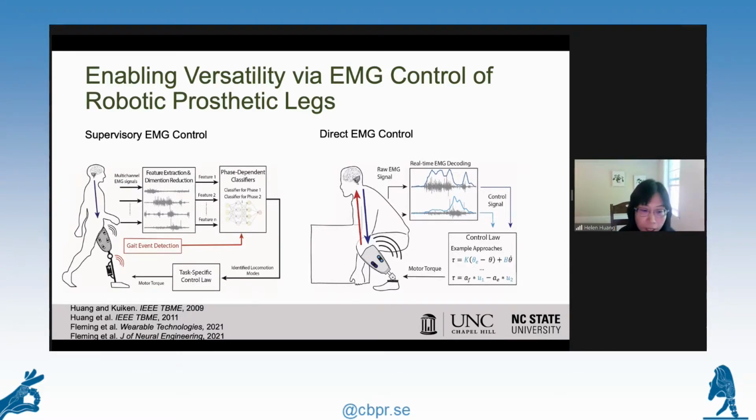I have used two approaches. I will quickly describe one of the approaches that I did many years ago, a supervisory EMG control. The other one is more recent: we published a couple of works using the EMG directly, continuously modulating the dynamic mechanics of the prosthetic joints.